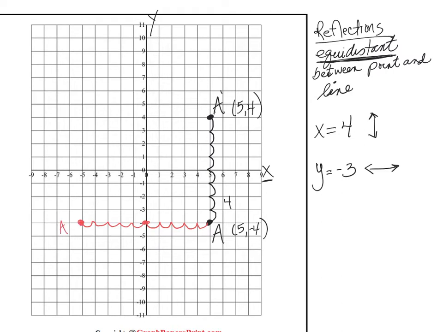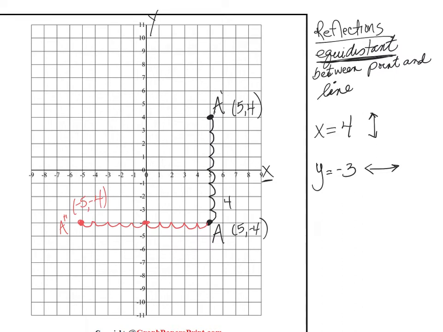So A double prime has a coordinate of negative 5, negative 4, whereas my original point A was 5, negative 4. So reflecting over the y-axis, it's my y values that don't change, but rather my x values go from positive to negative.